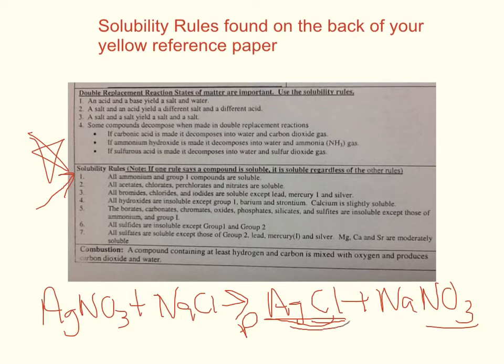So what I want you to do on your paper is circle the precipitate. If you get a precipitate, then it's an indication that this reaction is going to occur. If it turns out that both of these are soluble, then you would predict NR, no reaction. So let's look at some like that.